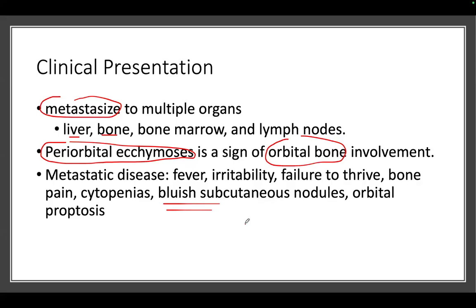Now, metastatic disease can present with irritability, febrile episodes, cytopenia, proptosis, and the bluish subcutaneous nodules or the rash. Can anyone tell me what is the description of the rash of neuroblastoma? These bluish subcutaneous nodules, what do we call this rash? We call this the famous blueberry muffin rash.